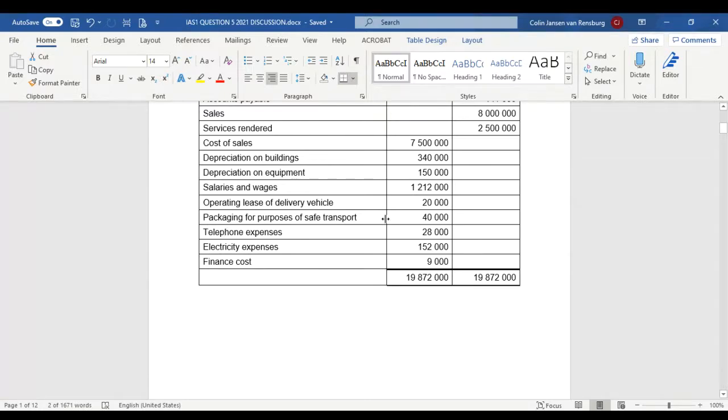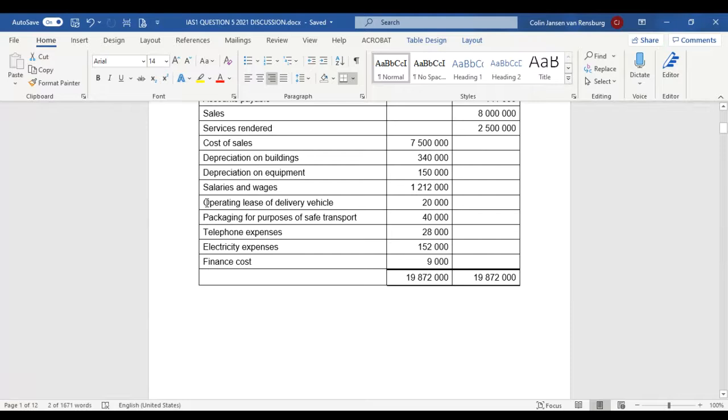I don't think there are any in this question, but I'm just saying you must make sure that you haven't left out any expense. Okay, so salaries and wages, done and dusted. So let's go to the next expense.